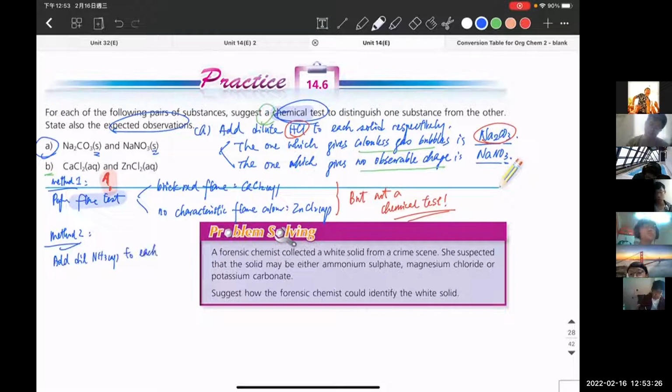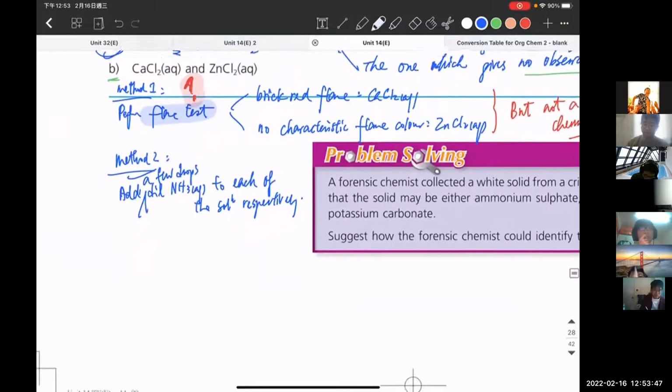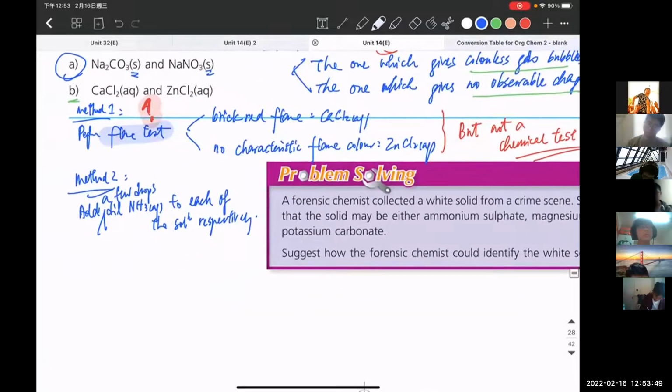Both give white precipitate with a few drops of NH3. With excess NH3, the precipitate of the calcium sample will not dissolve.